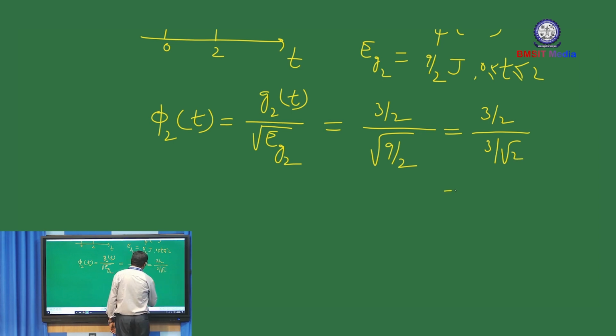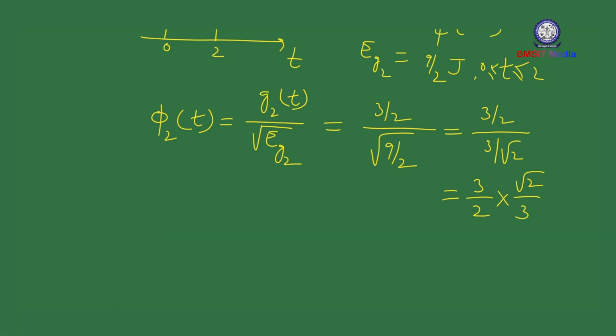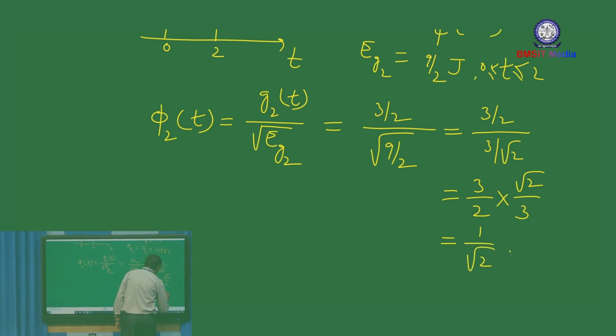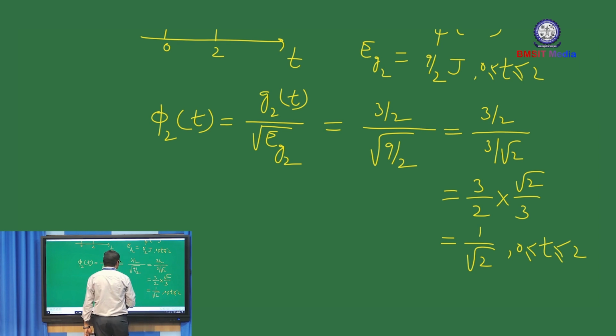So 3 by 2 into square root of 2 by 3, which is equal to 1 by square root of 2 over the interval 0 to 2. This is the value of phi 2 of t.